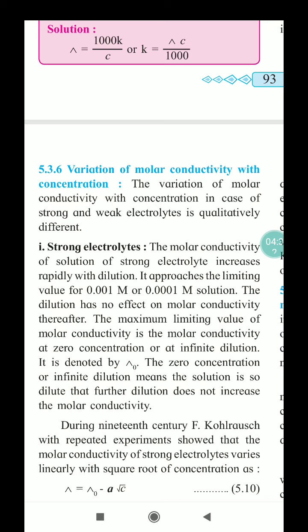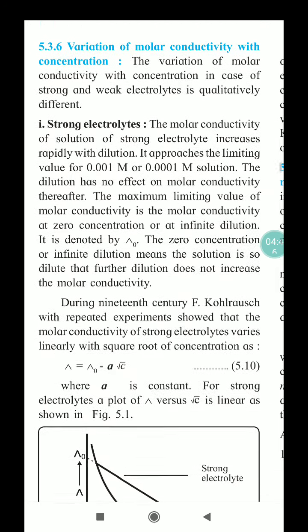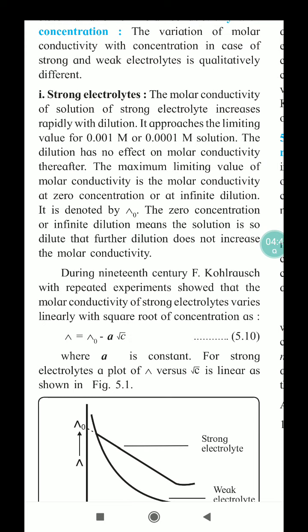The maximum limiting value of molar conductivity is the molar conductivity at 0 concentration, at infinite dilution. It is denoted by lambda 0 (inverted V 0). In the 19th century, F. Kohlrausch, with repeated experiments, showed that the molar conductivity of a strong electrolyte varies linearly with the square root of concentration.